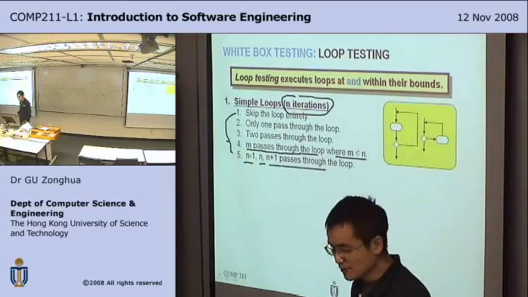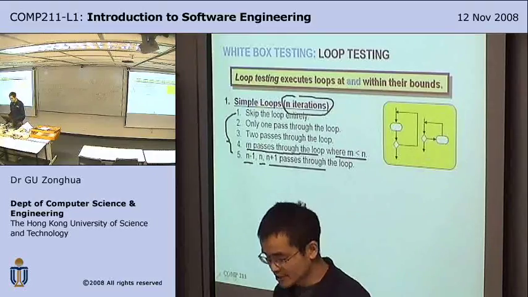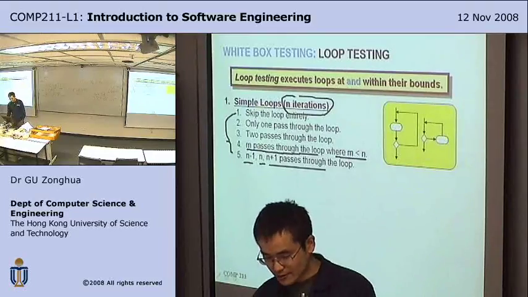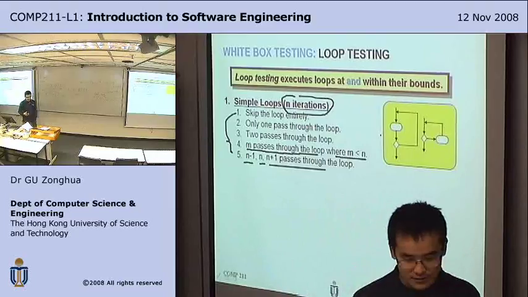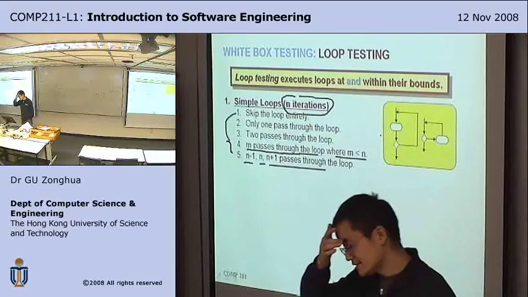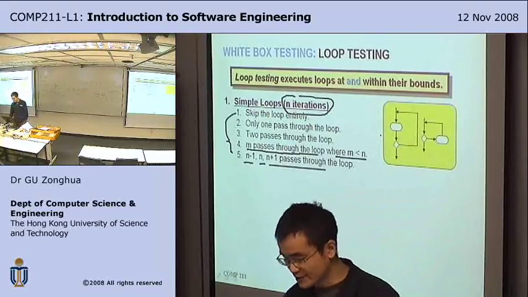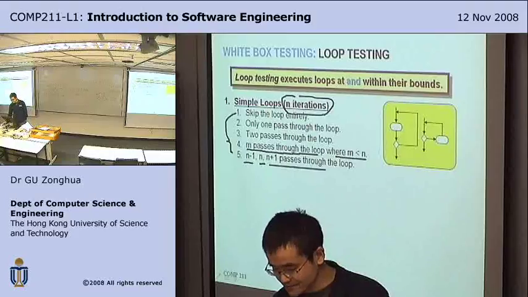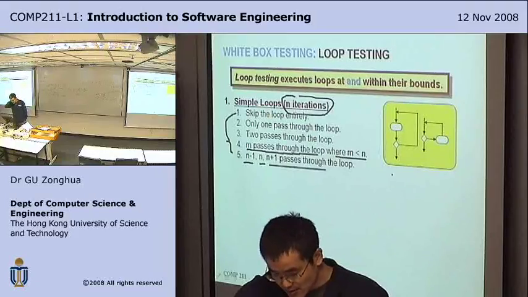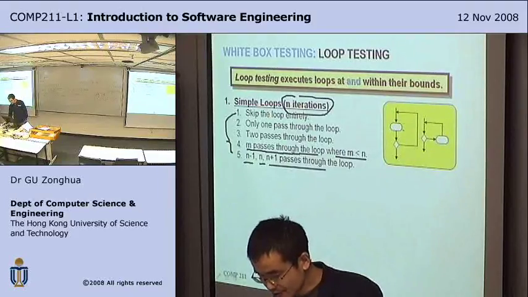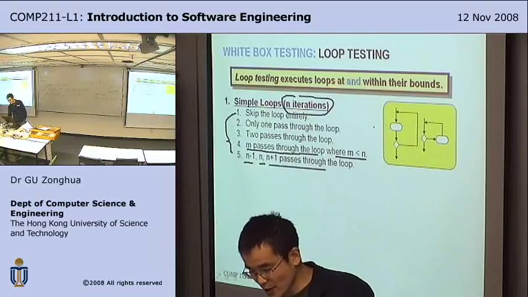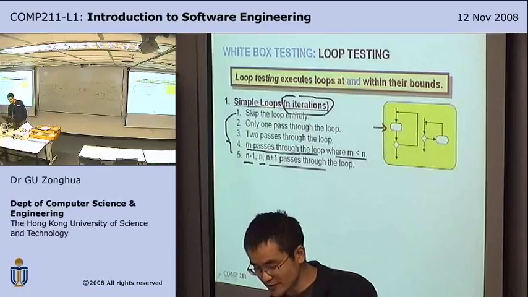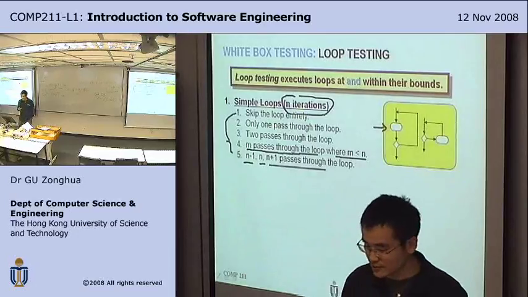So n plus 1 passes is an error condition. If you try to pass in a loop bound of n plus 1 and see how the loop behaves, it should give you some error message. So now you see these two types of loops. One is where you must execute the body at least once. The other is where you can jump over the body directly to the end.